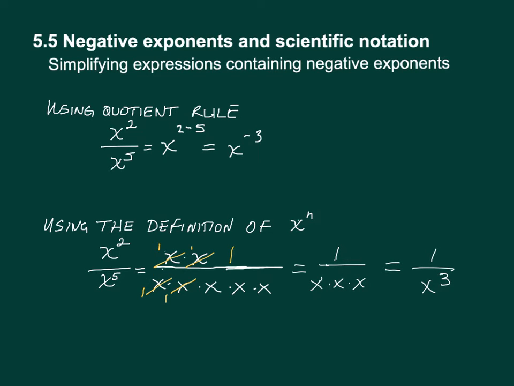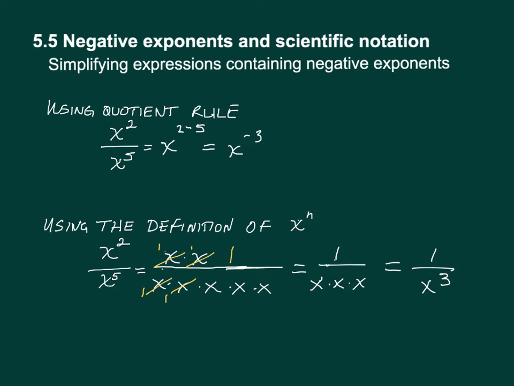Now, x squared divided by x to the fifth is the same as 1 over x to the third, and x squared divided by x to the fifth is equal to x to the negative 3.